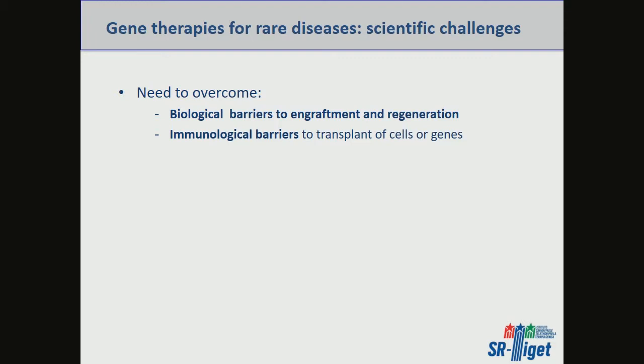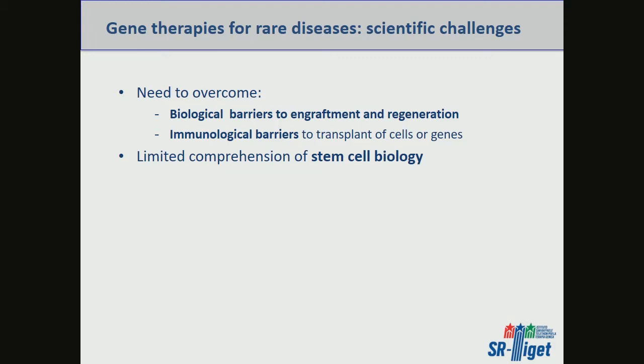So, what are the real challenges in the development of medicinal products based on gene therapy? Some of which I already alluded to. The immune barriers: if you're injecting a virus, you can create immune responses. Also, if you're treating a disease where there is no protein, as with enzyme replacement therapy, you can create antibodies to the transgene.